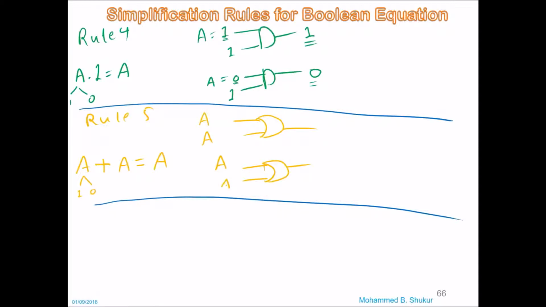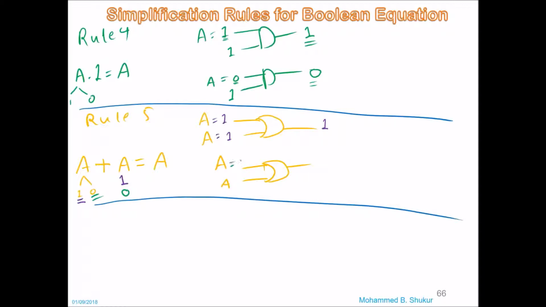A and A. So when A equal to 1, the second A is also equal to 1. So here I have 1 and 1, the output equal to 1. And when A equal to 0, the second A is 0 too.